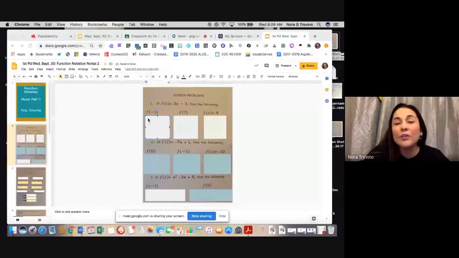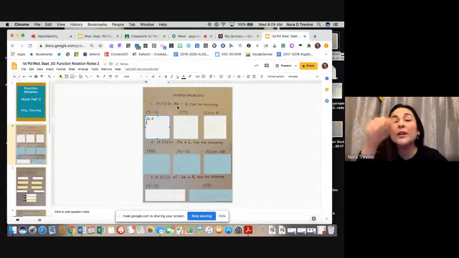So what is f of -2? This is how you solve for that. You take your little equation part, 2x minus 3. And what you're going to do is plug in the -2 in your x. Okay, he is your input. So you're going to put 2 parentheses, -2, and then -3.